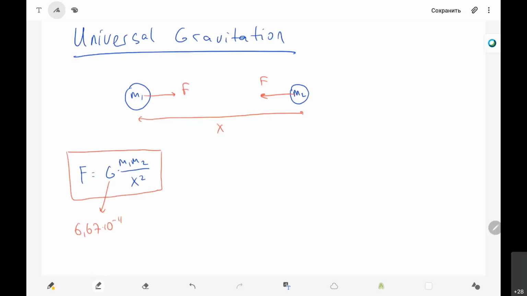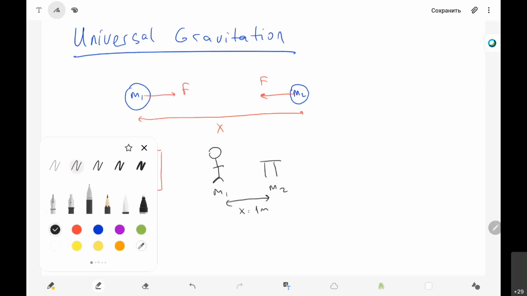In real life, at the moment, I don't feel this force. So this is me, and this is my table. My mass m1, mass of the table m2, distance between us approximately 1 meter. We attract each other. Yes, we attract each other.